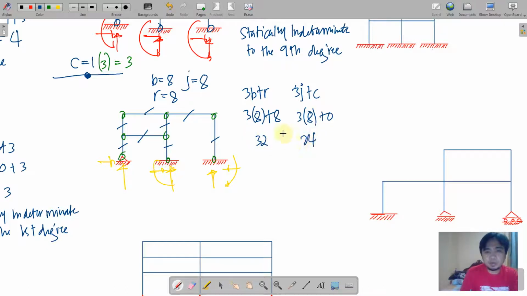Comparing to 24, 32 is greater than 24, and this is statically indeterminate to the 8th degree.